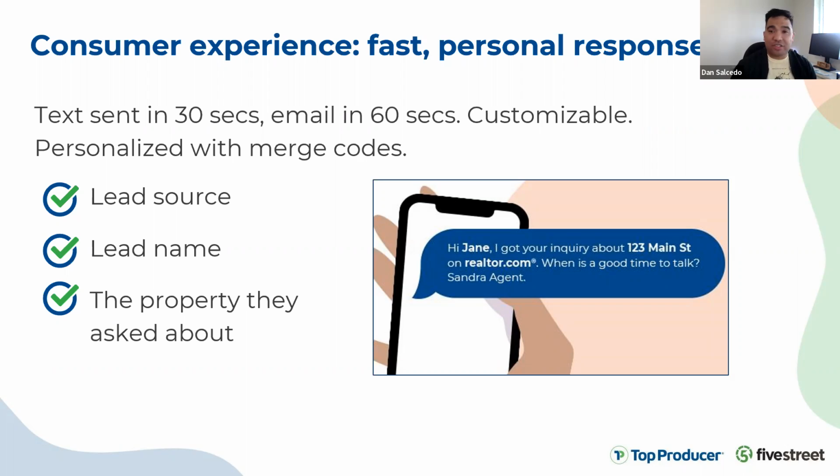So it's not generic, and it's more likely that lead will respond to that text because it's addressing them directly, and it's making it relevant to what they were just looking at online. It's sent within the first minute when they submit that form, whichever website they go to.